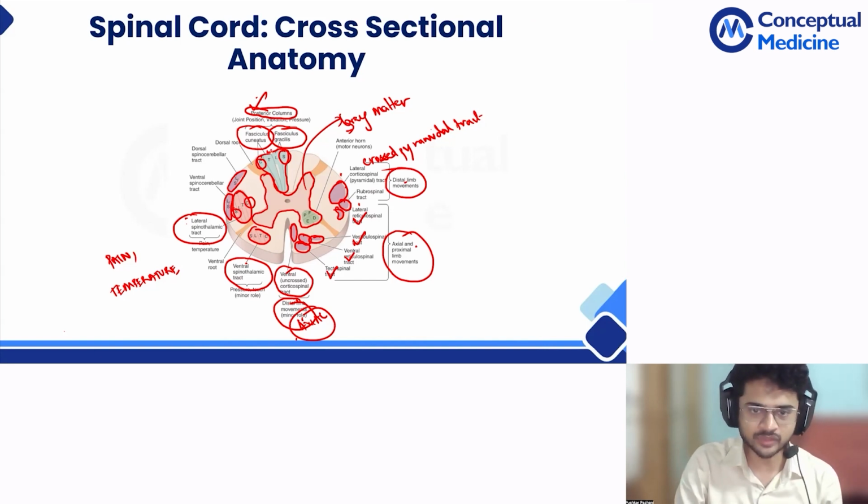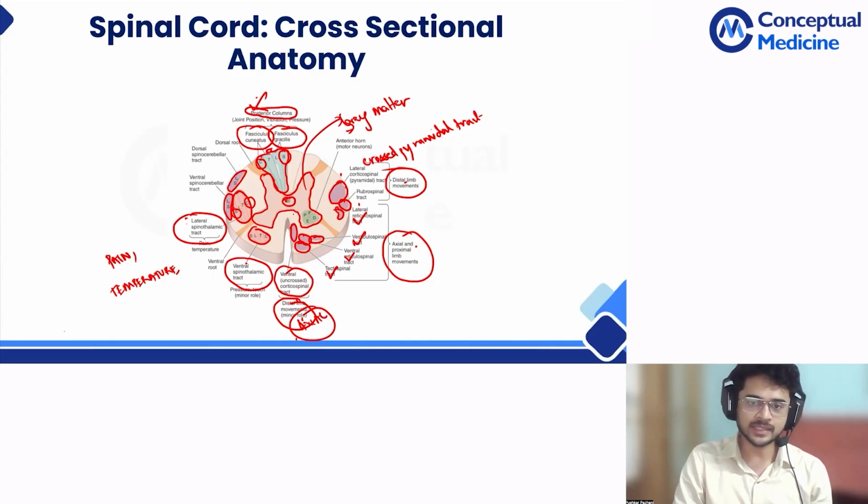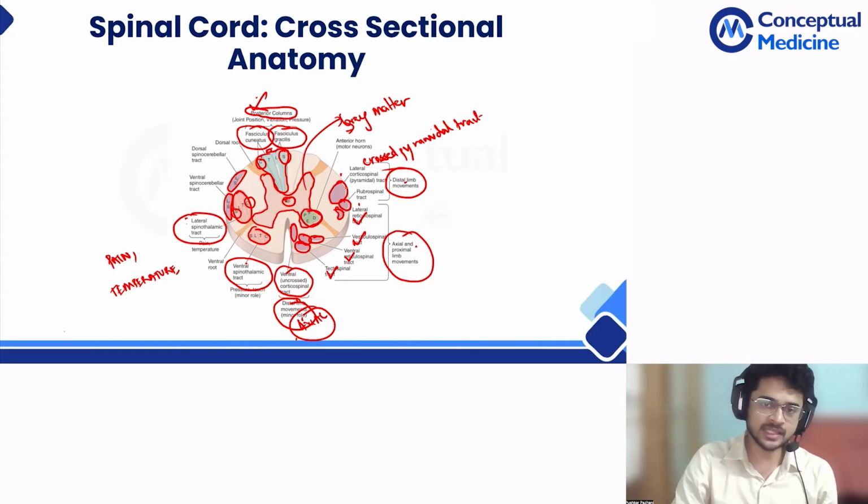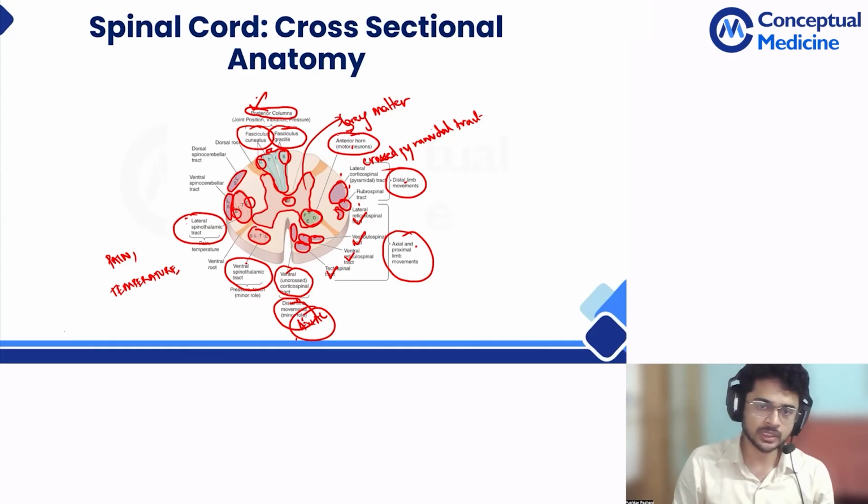And over here in the center of the spinal cord, we have the central canal. And in the anterior portion, we have the important part of the gray matter that is responsible for motor movements. That is the anterior horn cells, okay, which has the majority of the motor neurons. And the dorsal gray matter is predominantly sensory.